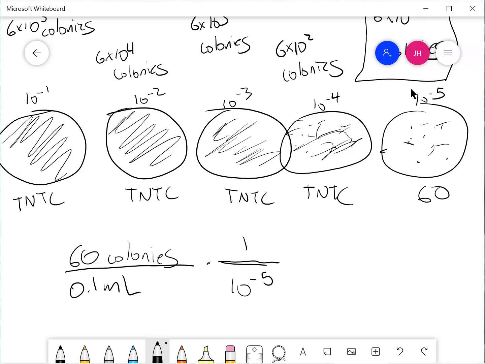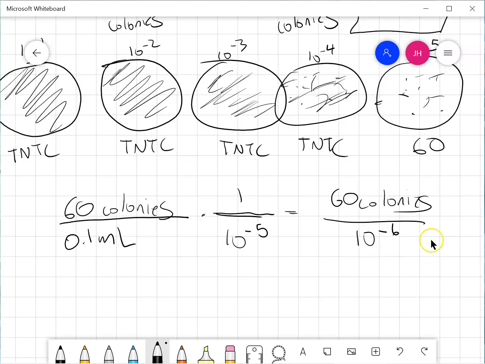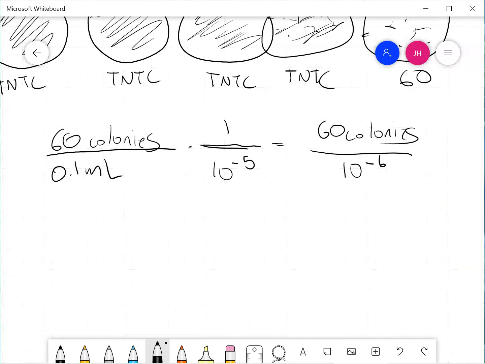And so this is the same as saying 60 colonies divided by these, multiply them by each other, 10 to the minus 6, which is the same as saying 60 times 10 to the 6th. 10 to the minus 6 is 1 over 10 to the 6th.